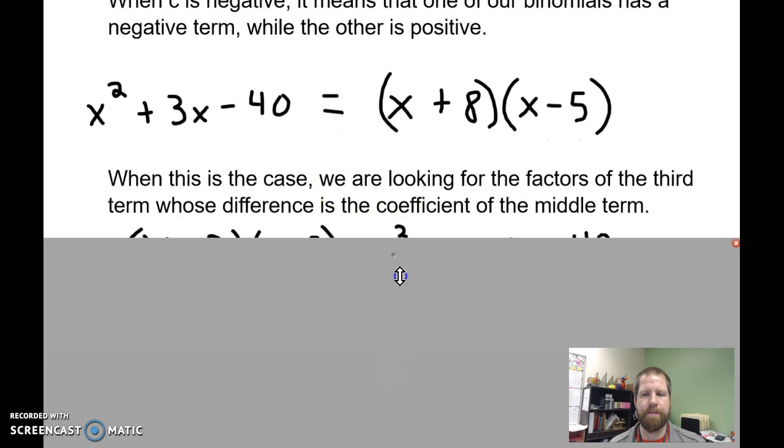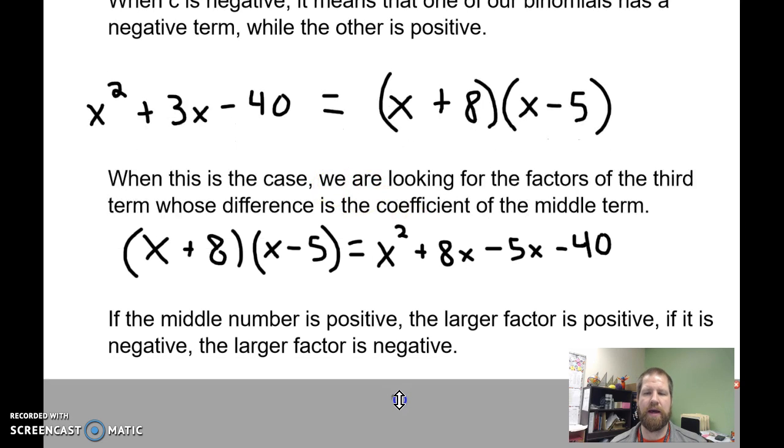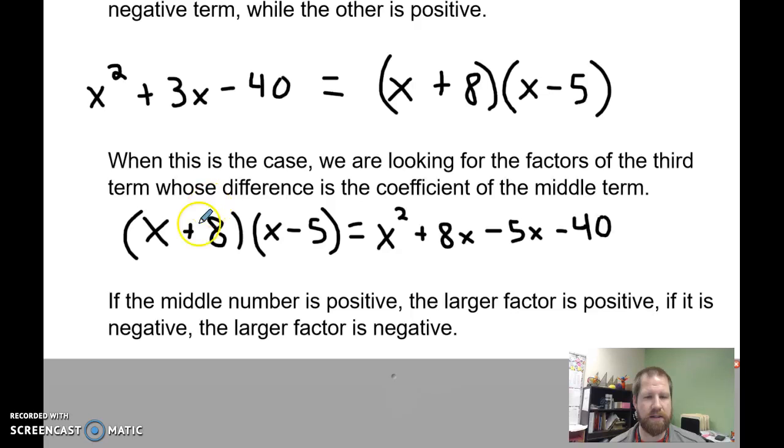So what we're looking at now is, instead of having the two numbers that when you multiply them together equal the third number, and when you add them together equal the coefficient of your middle term, for the third term you're still multiplying two numbers, but for the middle term it's going to be the difference of those two numbers, because one is going to be positive, one is going to be negative.